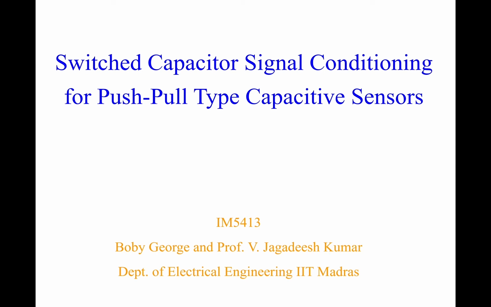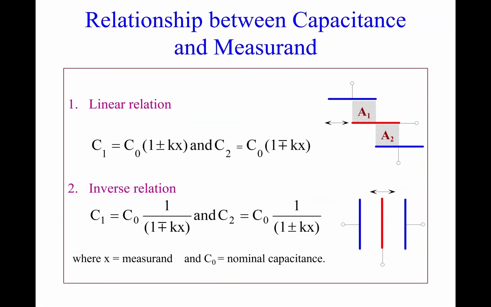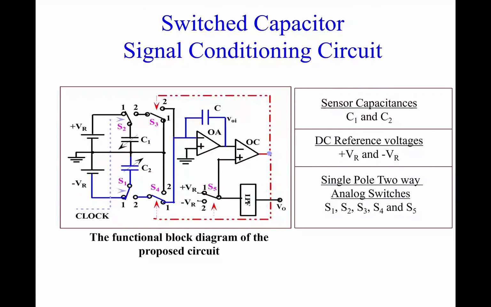So we can slightly modify the same relaxation oscillator circuit so that we can obtain similar characteristics. Here what we do is we take the capacitive sensors, whether linear characteristics or inverse characteristics, and we put them under a switching scheme.